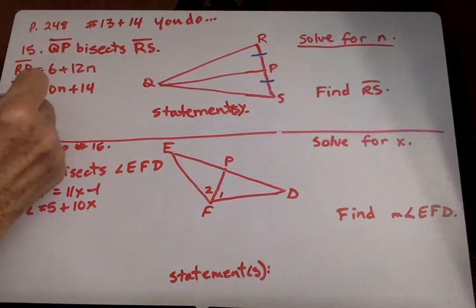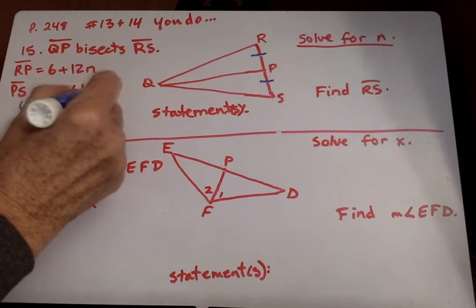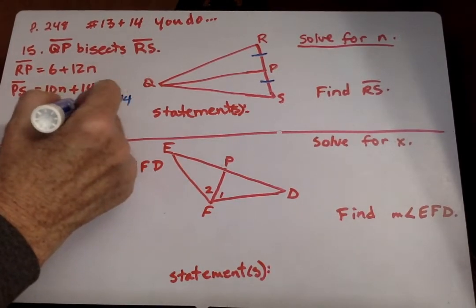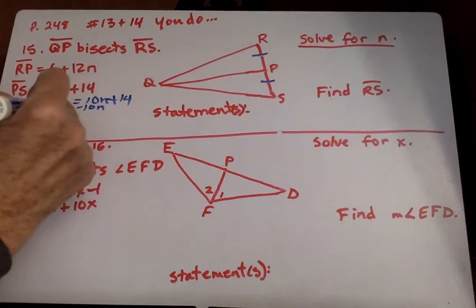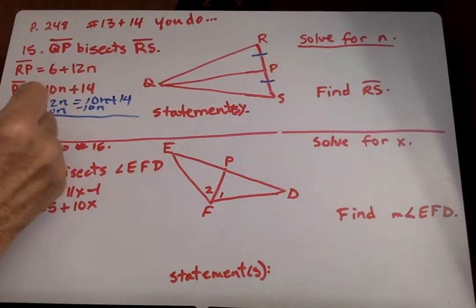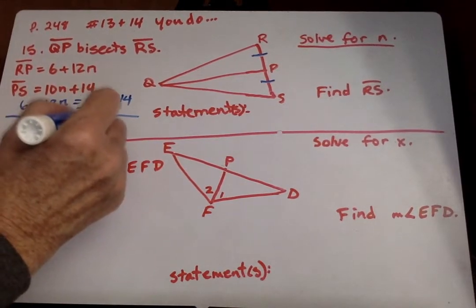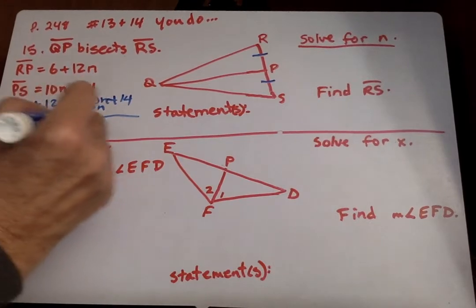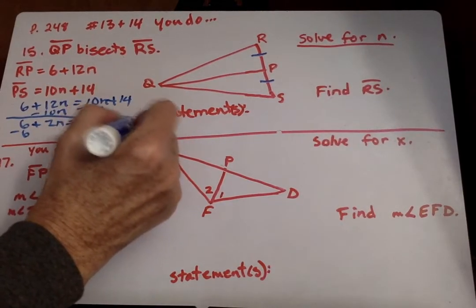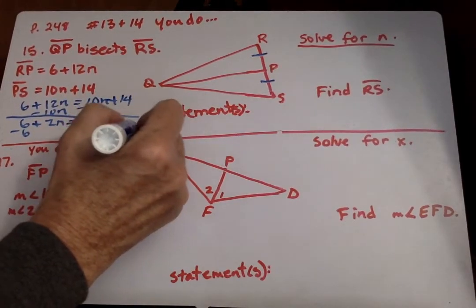So we say 6 plus 12n equals 10n plus 14. So we go minus 10n, minus 10n. 6 plus 2n equals 14. Minus 6, minus 6. And we get 2n equals 8. Divide by 2, we know n is 4.